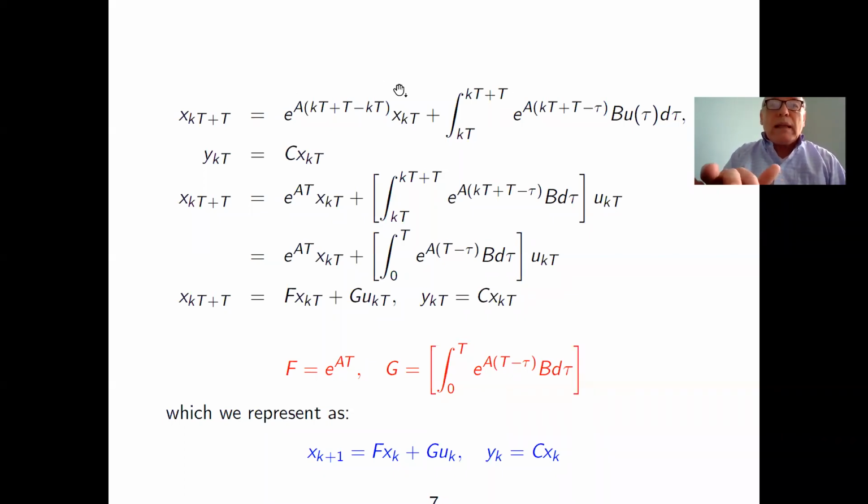It will propagate that state through the system structure, which in this case is just the state transition matrix, and will adjoin to that the influence of our control actions, which are piecewise constant, and they are acting through a convolution integral to complete the next value of the state. And of course, the output will be a reflection through a linear map C of that current state.